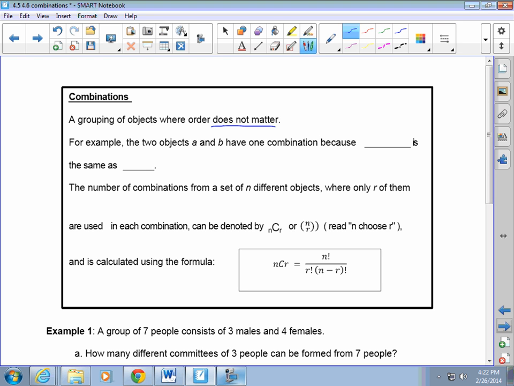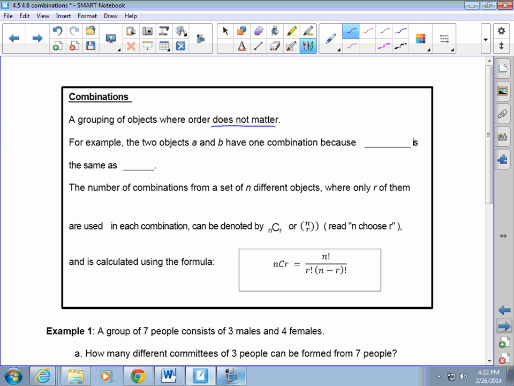I like to use the analogy of Chinese food. When you go to those combination places and decide on your meal, you can have 3 choices, 4 choices, or 6 choices. They don't care which 3 things you pick, and they don't care what order you pick them in. That's what a combination is. When it doesn't matter what order you pick these things in, you just need to pick them.